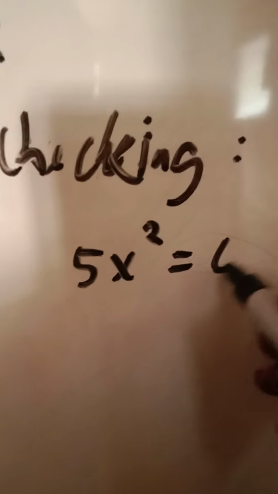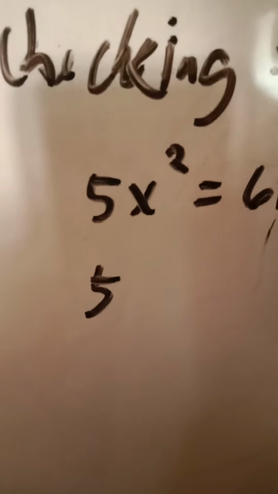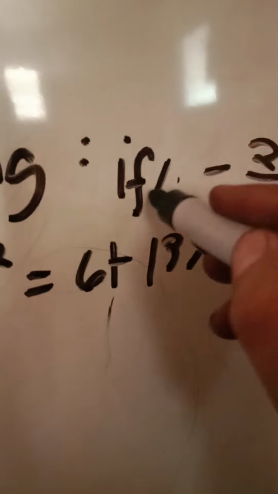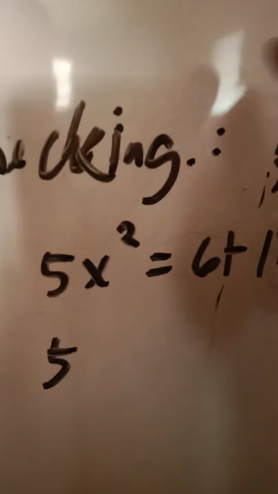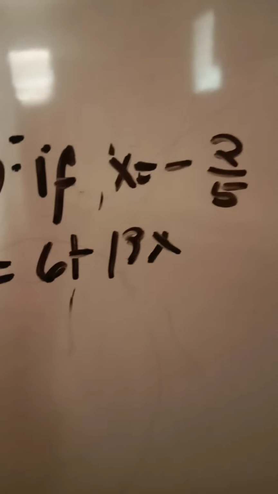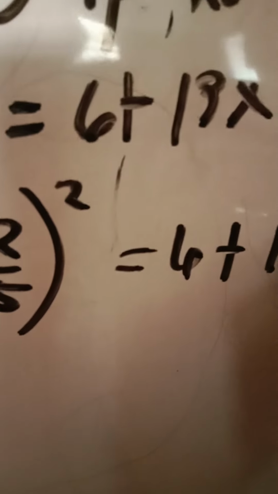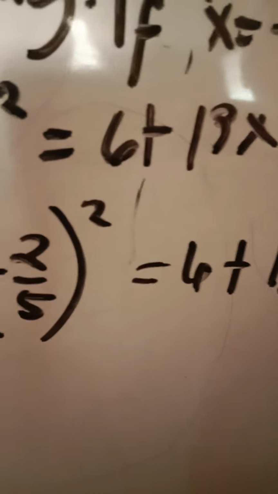5x squared is equal to 6 plus 13x. If x is equal to negative 2 fifths: 5 times negative 2 fifths squared is equal to 6 plus 13 times negative 2 fifths.